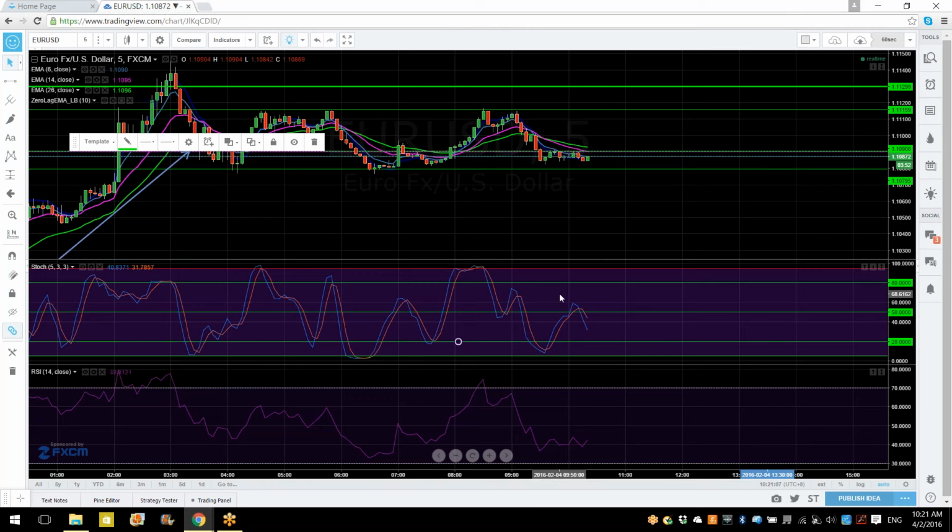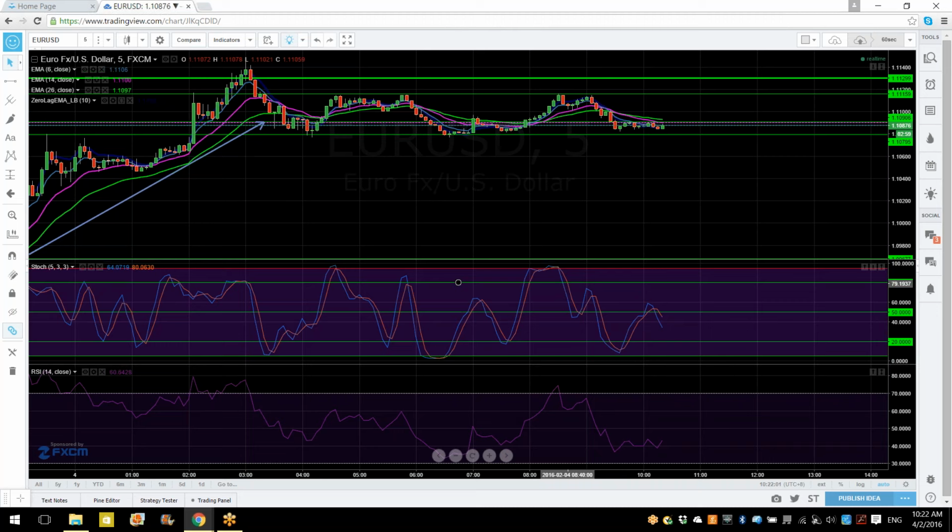Okay, let's go one by one. The moment it enters the 5 and 20 zone, I prepare my trade for a call. And the moment it enters the zone of 95 and 80, I prepare for a put.